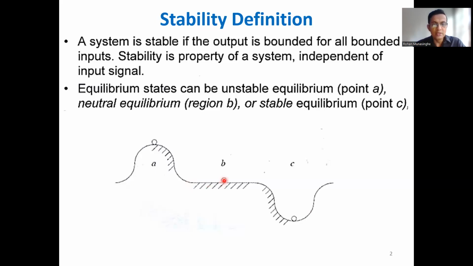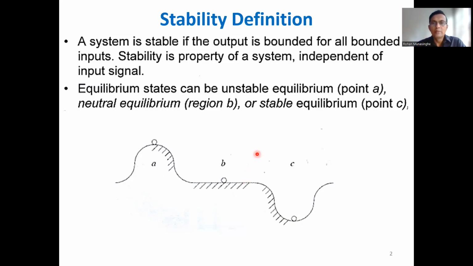And even if you deflect or perturb it to left or right, it will move to another point and stop. So everywhere it is stable, right? It doesn't come back to the original point or keep moving indefinitely. So these are the states of motion of an object depending on where it is.